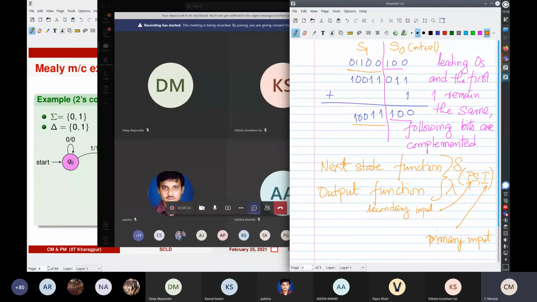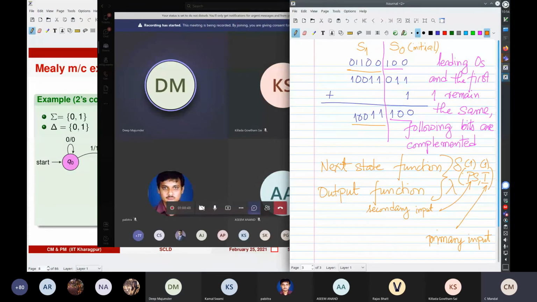So how many bits for the present state and how many bits for the input for this particular machine? Present state 1 and input is 1. So you have 2 bits, right? This function has 2 bits as input.